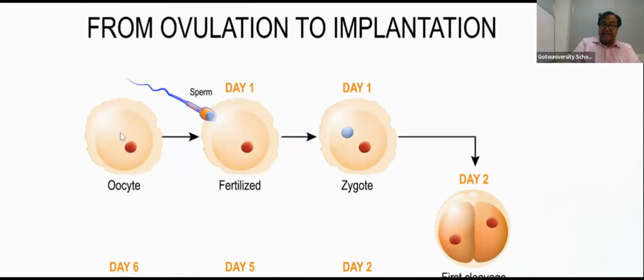What egg exactly? Secondary oocyte. So the secondary oocyte is becoming the fertilized egg. Fertilized egg means developed egg, which is also called ovum, which further develops into the zygote, and then the zygote starts forming many blastomeres.